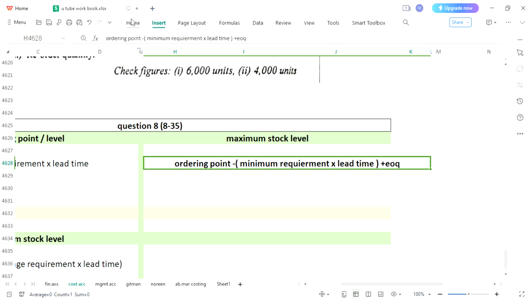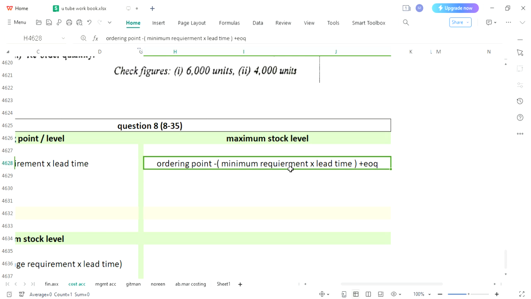Kindly keep it in mind, I was describing it as maximum stock level and maximum requirement. These are two very different things and you are required not to mix both concepts. Maximum stock level and maximum requirement, minimum stock level and minimum requirement, these are different things.